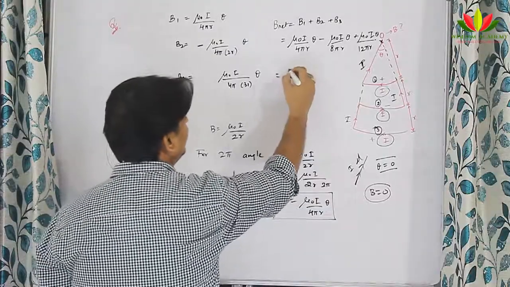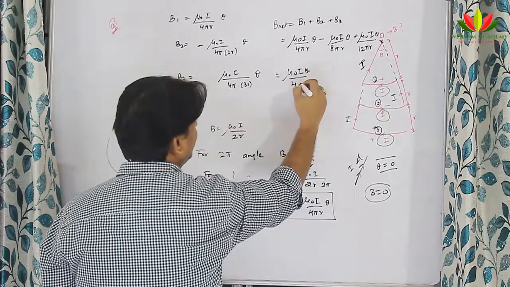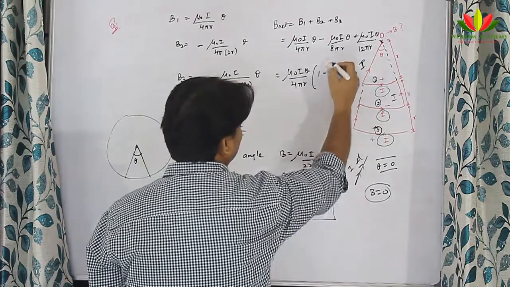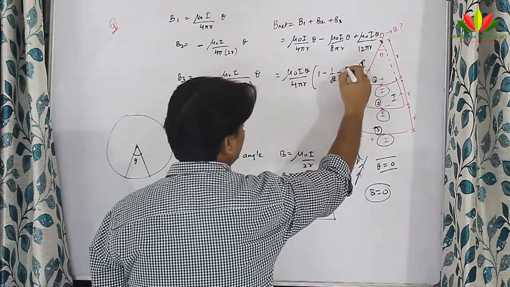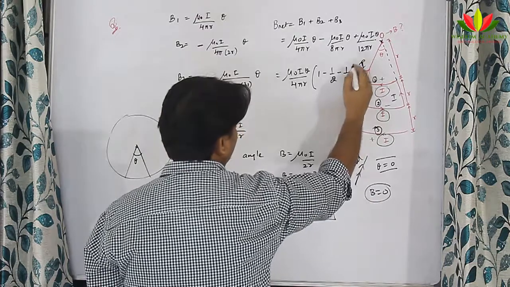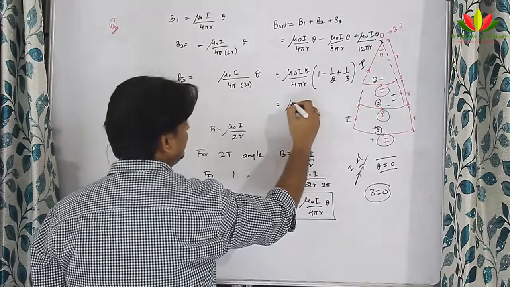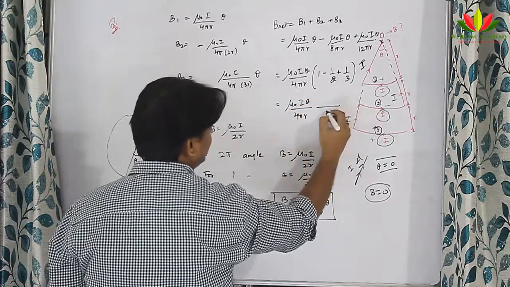So if I take mu naught I theta by 4 pi r as common, remaining here will be 1, minus 1 by 2, and plus 1 by 3. So if I take the LCM, mu naught I theta by 4 pi r, the LCM will become 6.